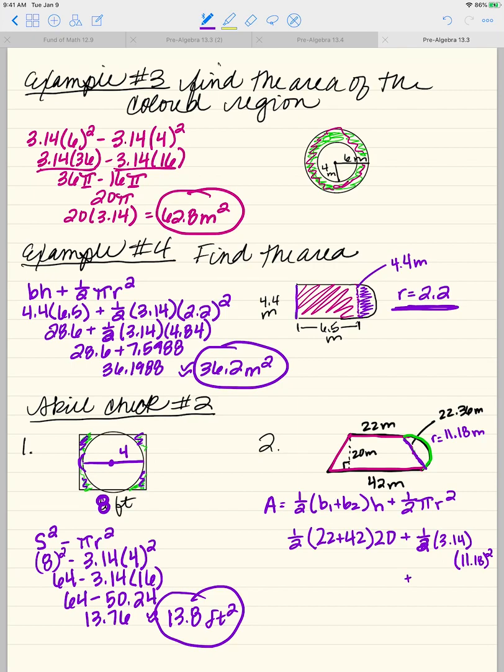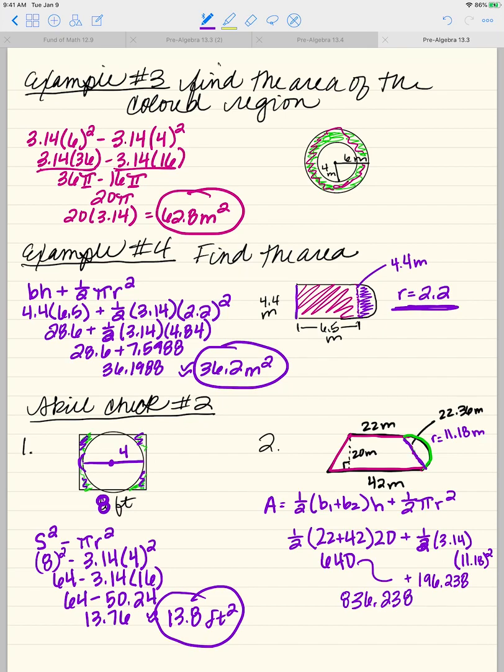And that gives you 196.238 yada yada on that side. And on the other side, we just have 22 plus 42 is 64. Then we're multiplying that by 1/2 by 20. So 1/2 times 20 is 10, and 64 times 10 is 640. So 640 plus 196.238 is 836.238.